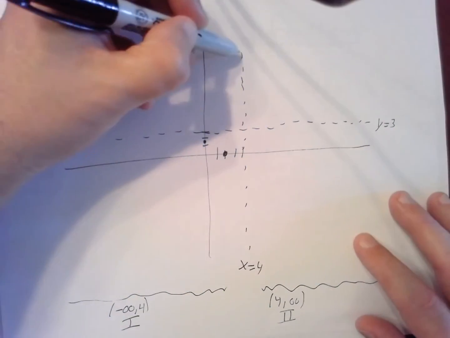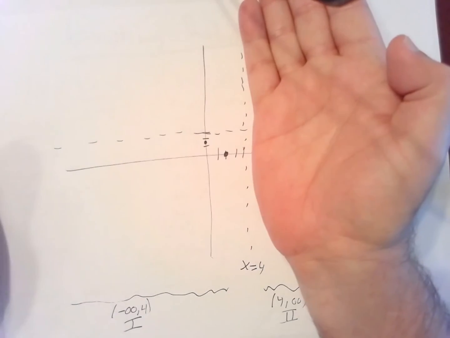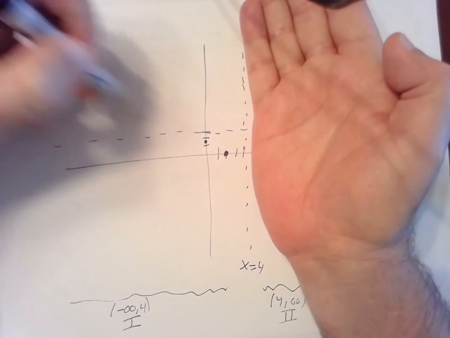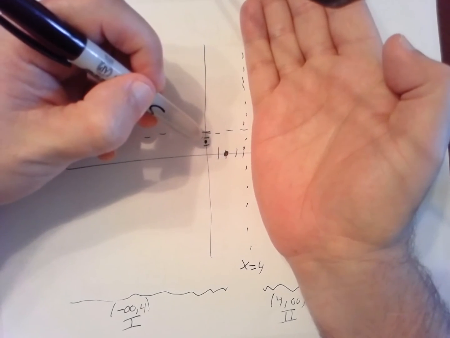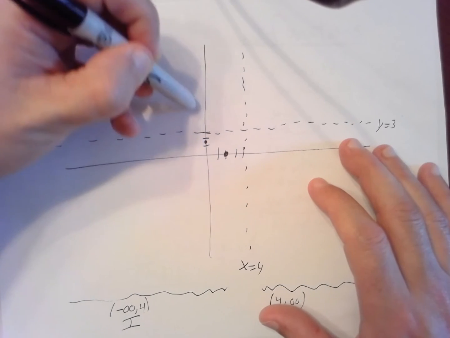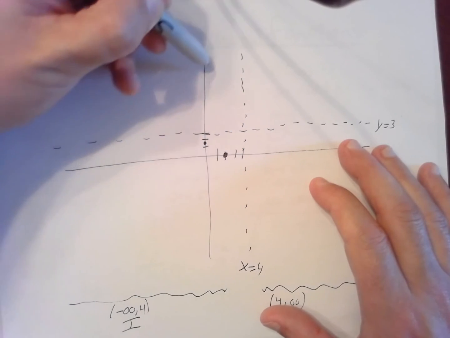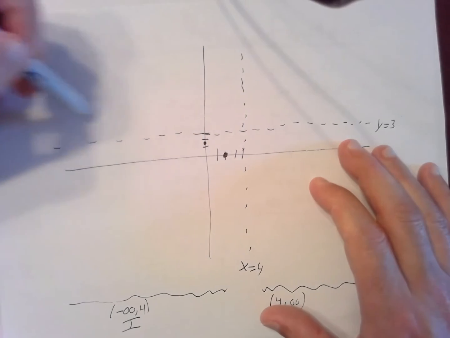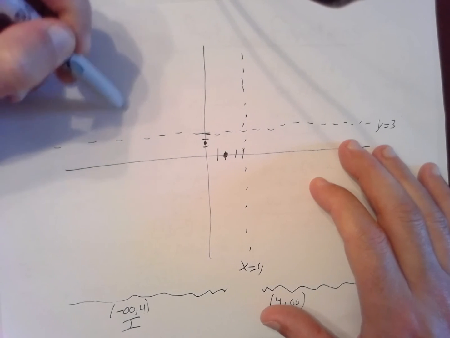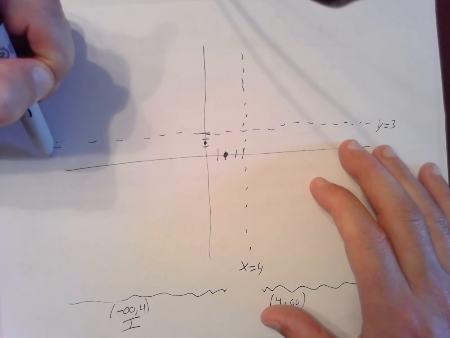Is it possible that over here in section 1, this stuff that's not covered, that the graph lives up here? No, there's no way because I have to hit these points. Okay, could the graph possibly do something like this? Come up here and then come backwards. No, that would not be a function. Plus, I have to hug this asymptote. The graph either has to come from above and hug this asymptote from above or from below.